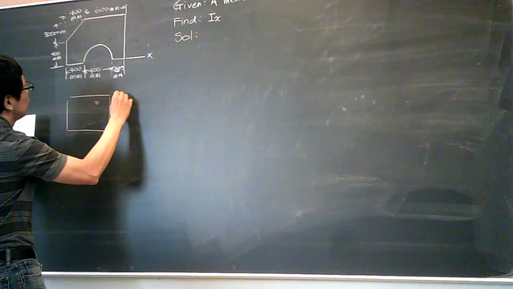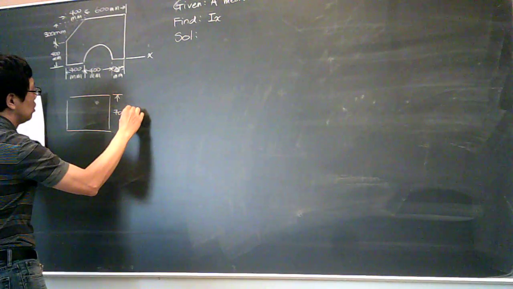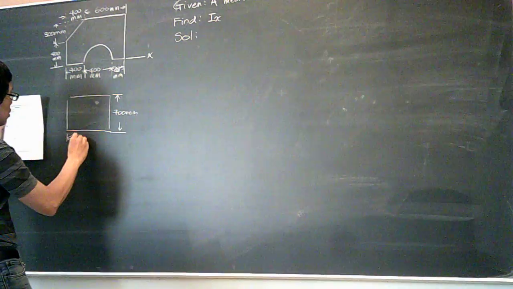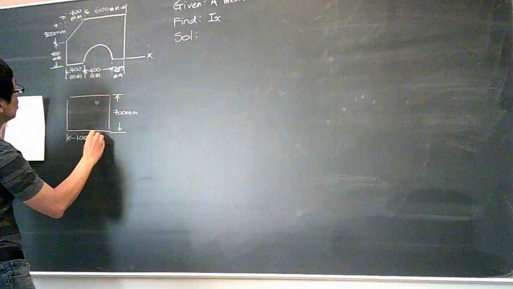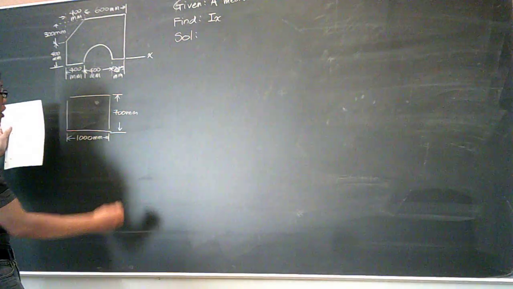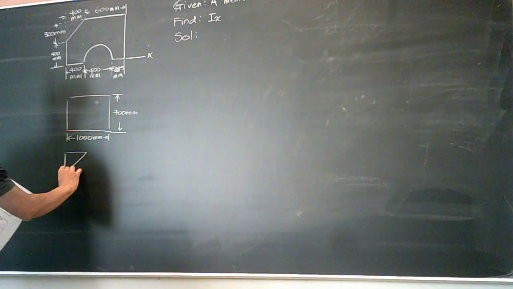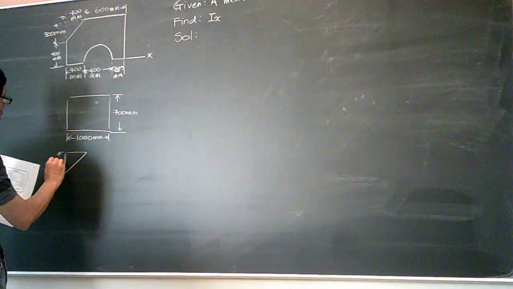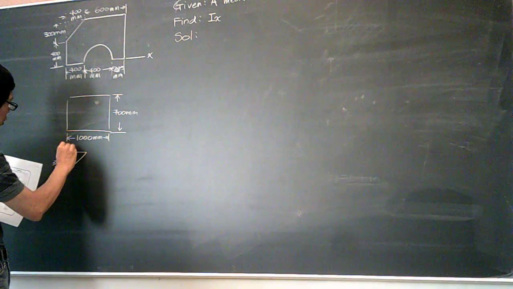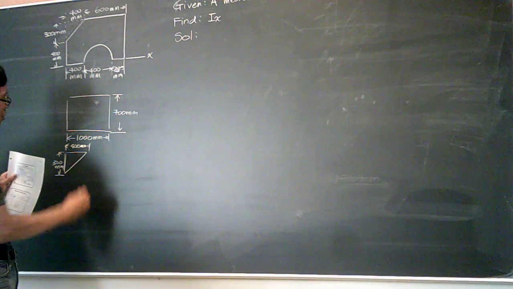If I decouple this one, this is going to be 700 millimeter. Over here, this is 1000 millimeter. Okay, and the second piece I would like to do is the triangle over here. This is going to be 300 over here, and 400 over here.